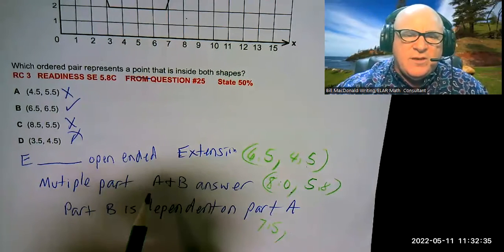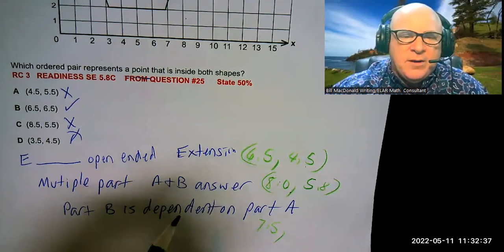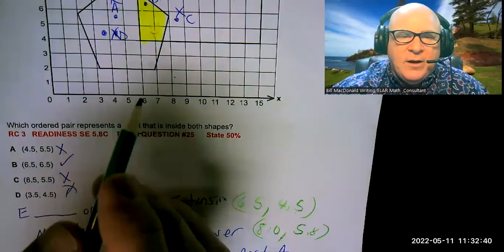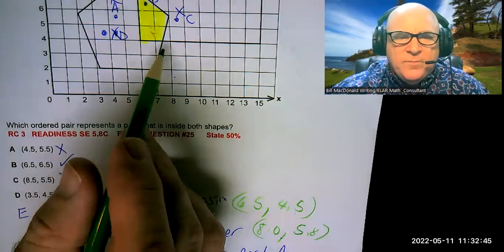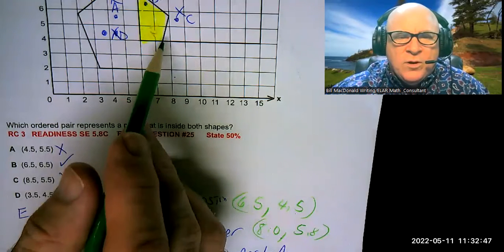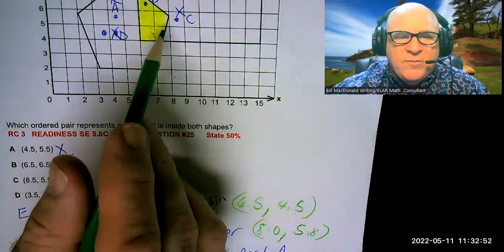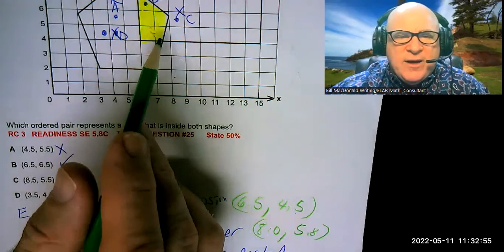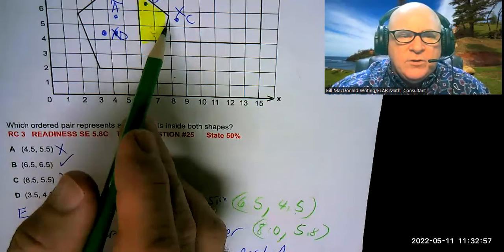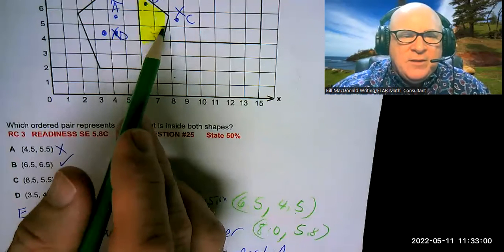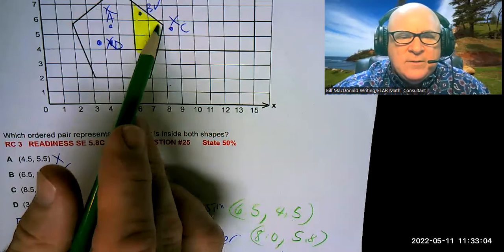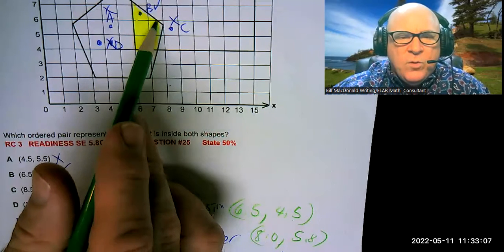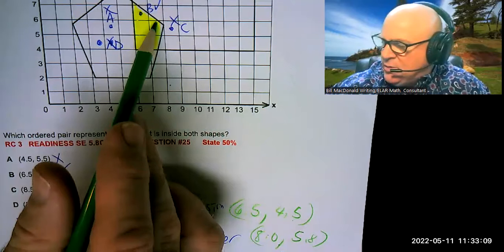So if I choose 7.5 as my part A, then all I have to do is make sure that I choose 4 or 4.5, all the way to 5, it looks like, to 6 on the y-axis, and you would get the answer.